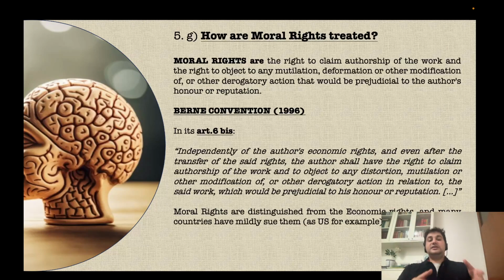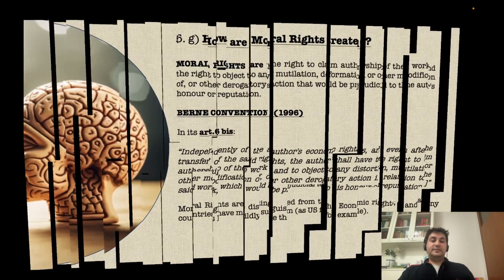These two, since Article 6 bis, are super important because they're going to be heavily used, for example, in Germany, okay? But in the US they entered very late, like in the 90s, after almost 1 century since the Berne Convention was generated.